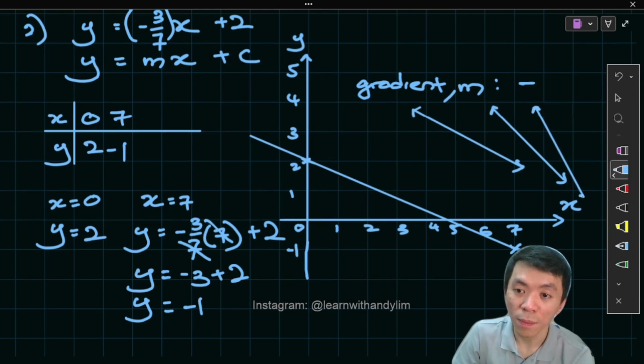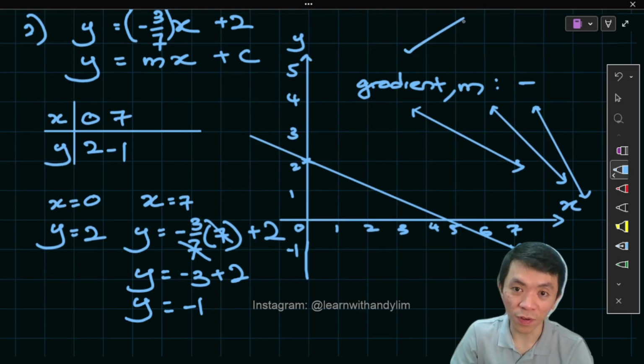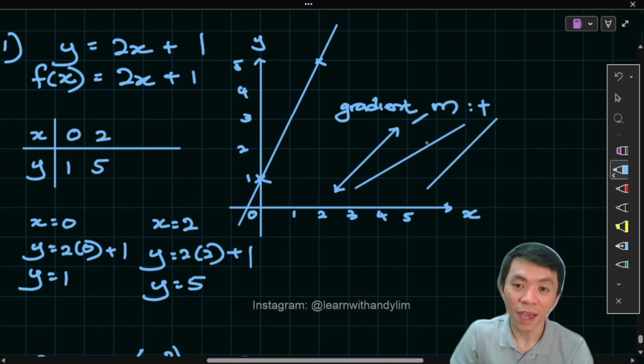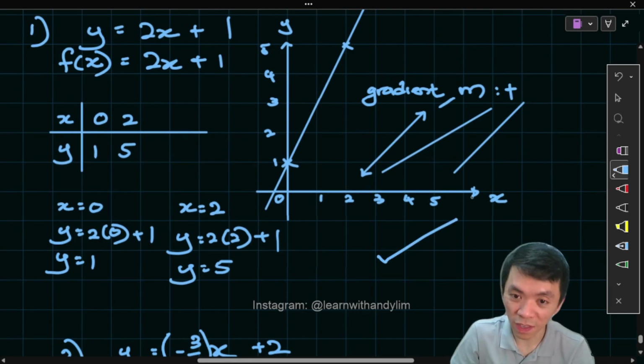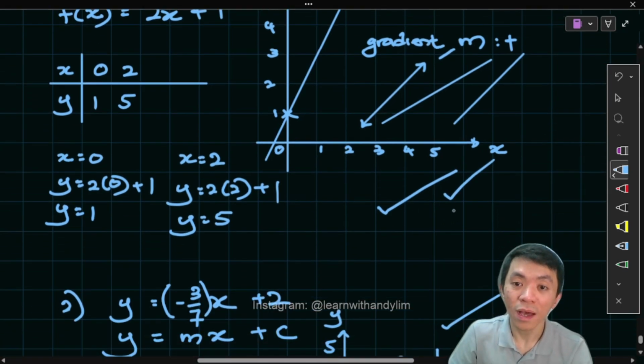We always remember that when it is a tick shape, it is a positive gradient. As in our first example, when I have a tick shape, it is always positive. You are feeling positive whenever you get a tick from your teacher.